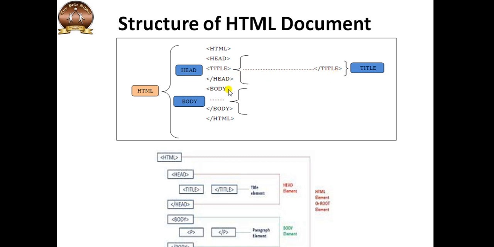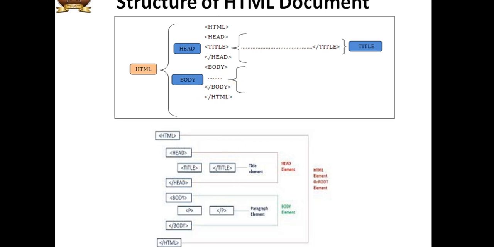After the head closes, the body tag starts and it ends, and whatever content is required goes inside the body tag. Whatever you write in your head tag, that is the title, is not seen on the HTML web page. It will be seen on the title bar.